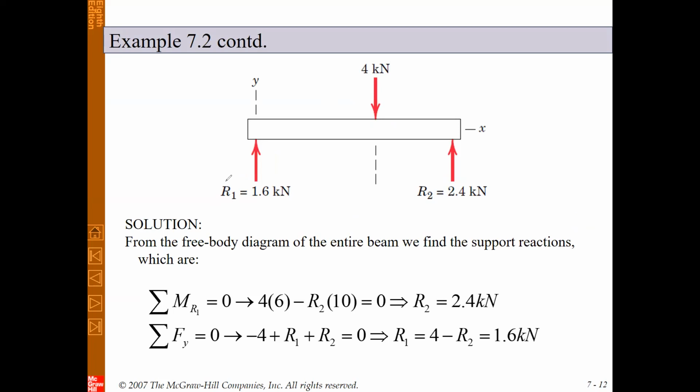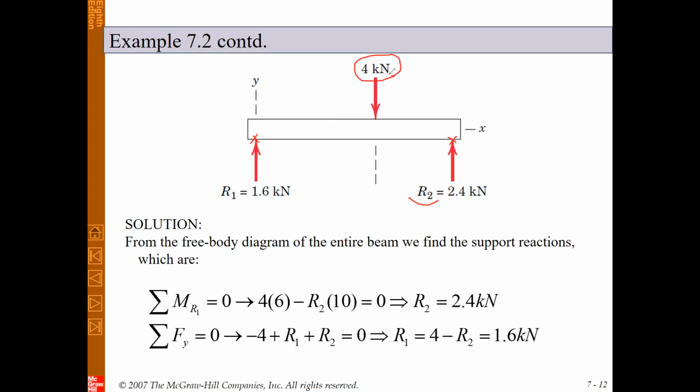Here we wrote the moment about R1, which is this point. When you write the moment about this point, you can easily calculate R2, which is the reaction at the right support of the beam. So when you write the moment equation, we will have 4 kilonewton here.